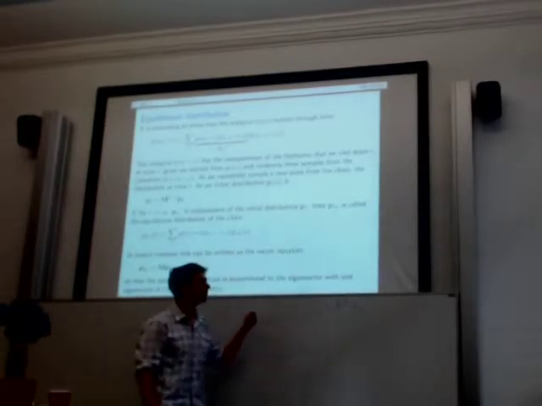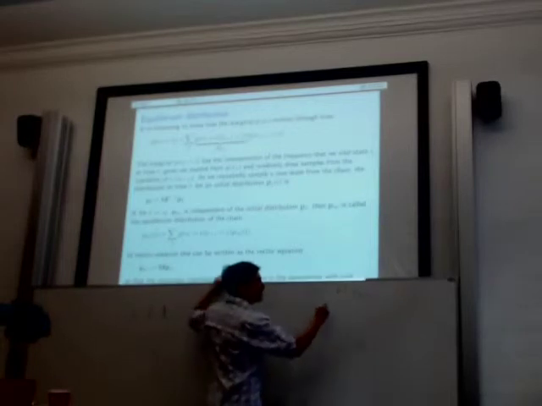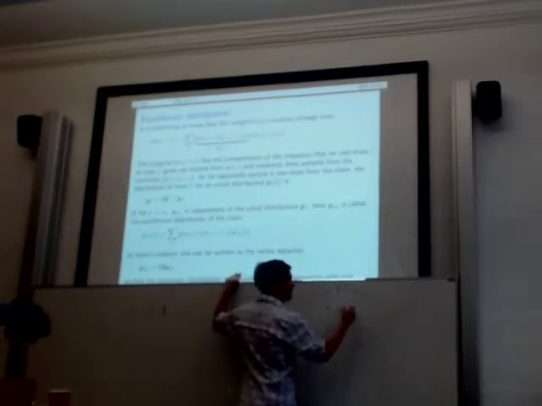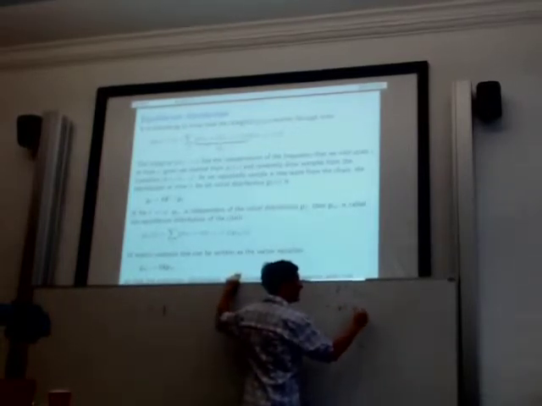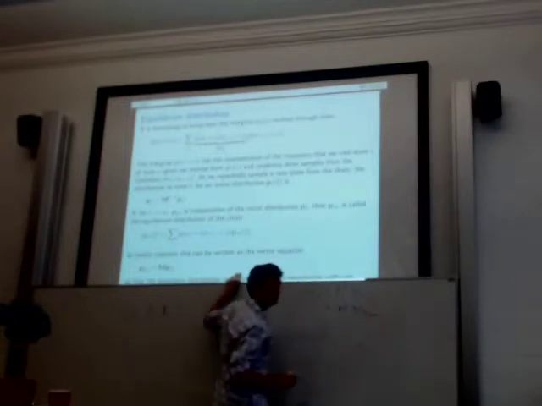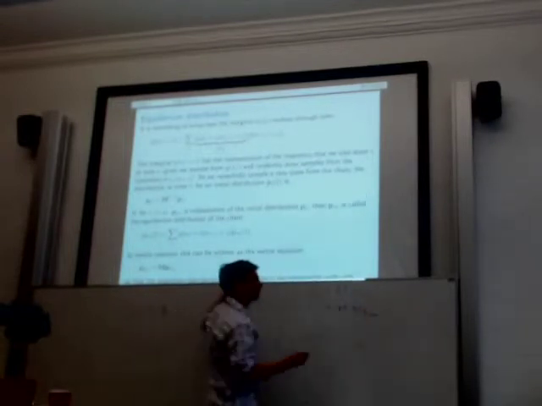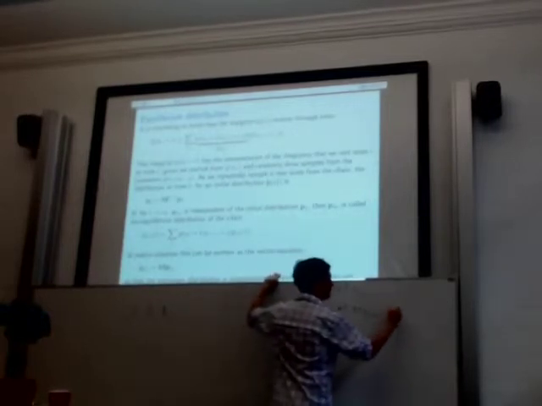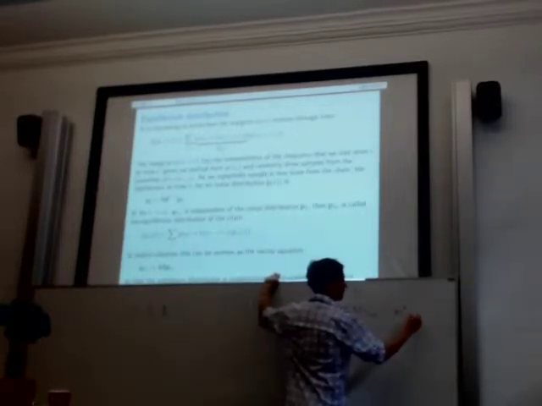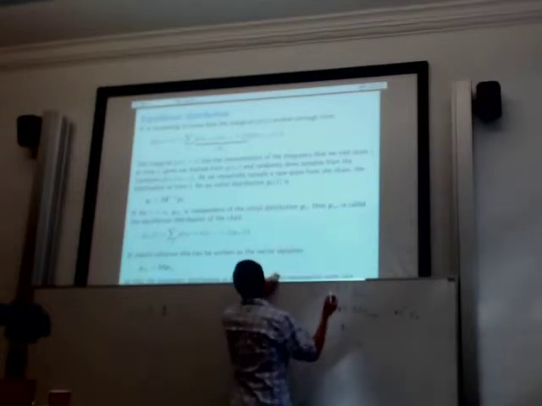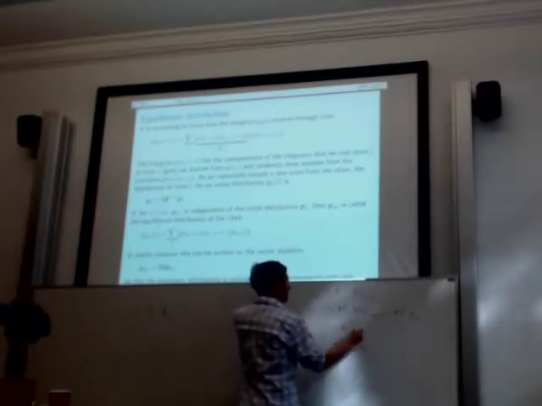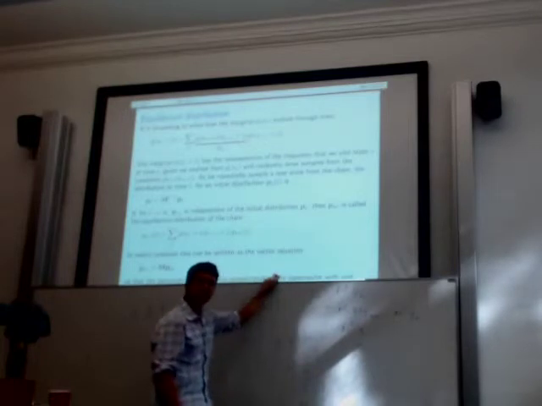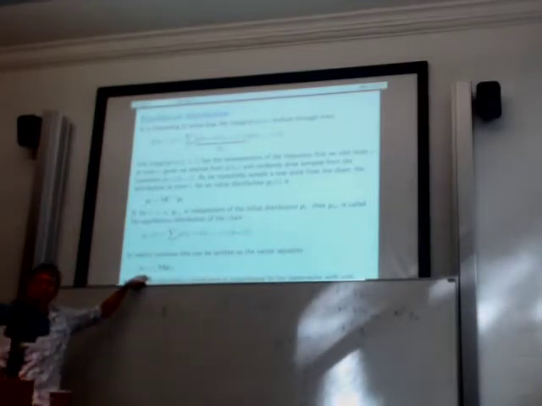Okay. P_{t-1} is equal to M times P_{t-2}. So in general, this is M squared, so it's equal to M to the power t minus 1 times P_1.